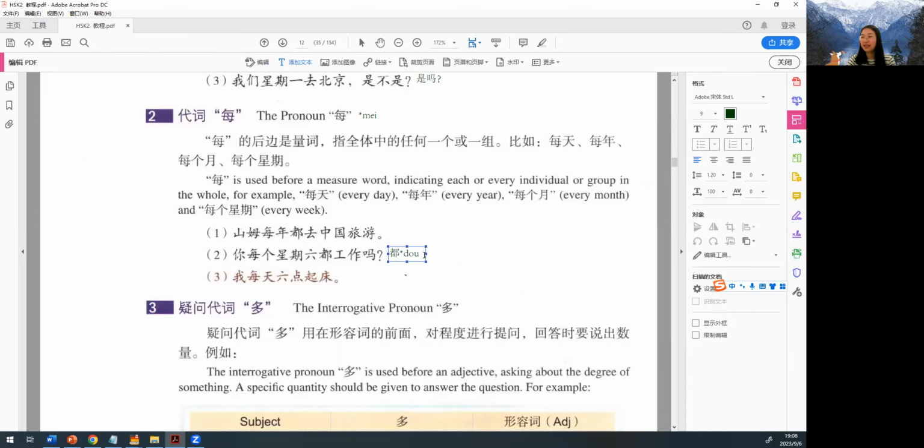Let me think of an example. For example, I wake up every day at 5:30 in the morning, and my boyfriend is so surprised and asks me, you wake up every day at 5:30?